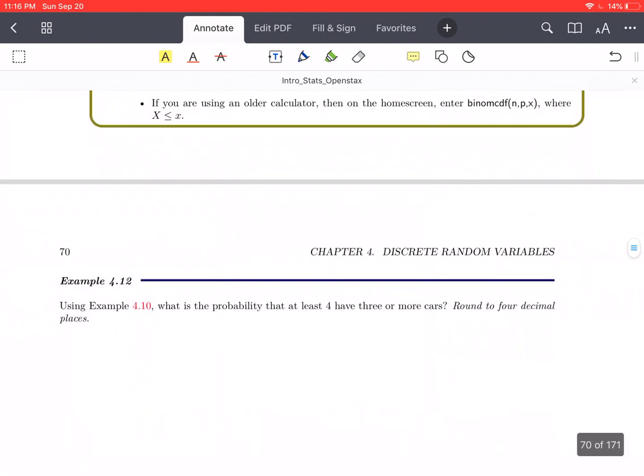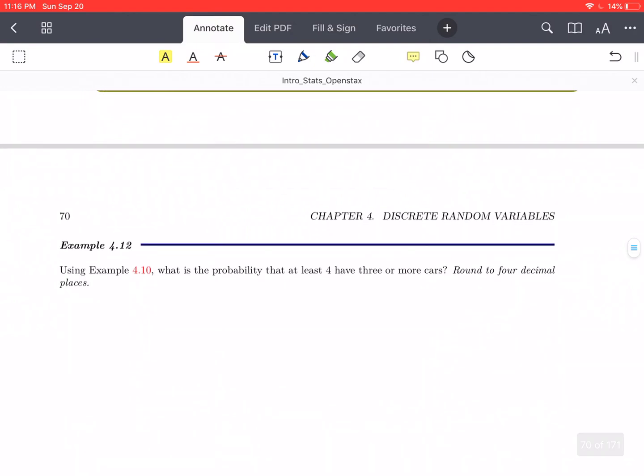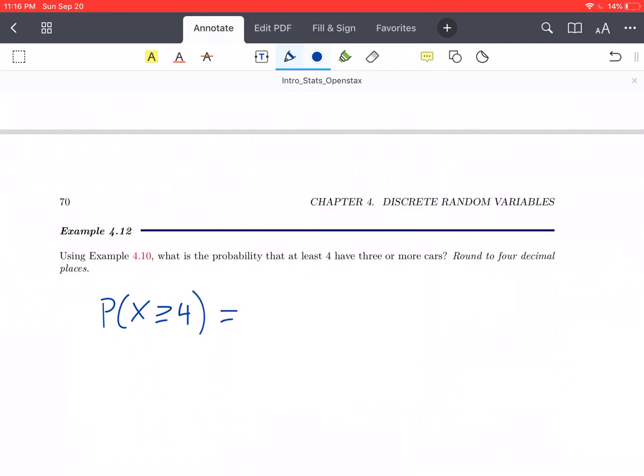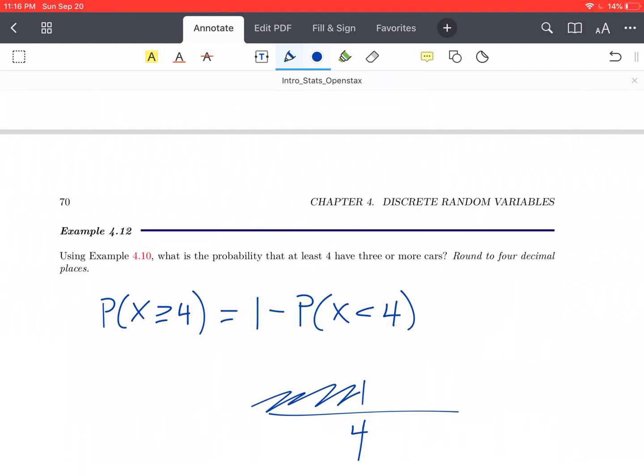All right. So then, using the same example, what is the probability that at least 4 households have 3 or more cars? So probability that x is at least 4. Well, luckily for us, these events are complementary because we already found the probability of them having less than 4. So this would just be 1 minus the probability that the number of households is less than 4.